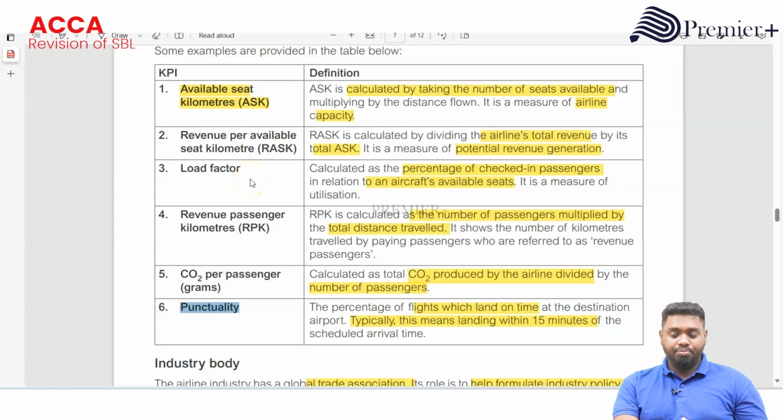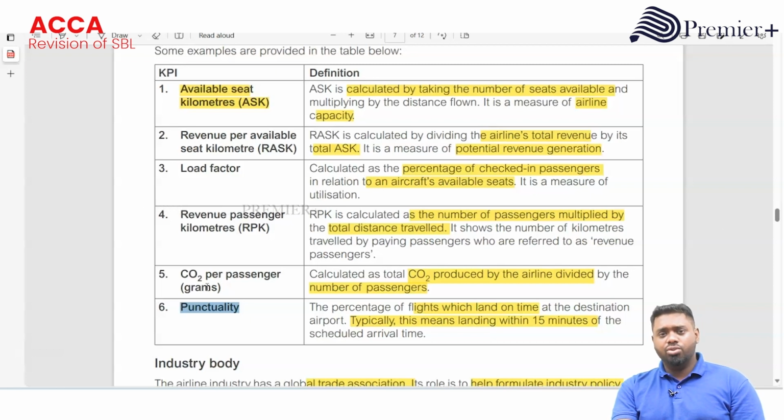Load factor shows us the capacity utilization, revenue passenger kilometers. So all of this looks at capacity, revenue, and possible opportunities to reduce overhead cost. Carbon emission per passenger, it's all about the environment. So those pressure groups who are more eco-friendly, environmentally sensitive, environmentally conscious, this is to make sure that we have a good opinion from them.